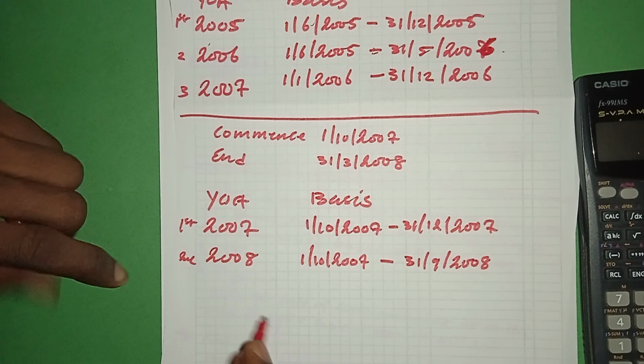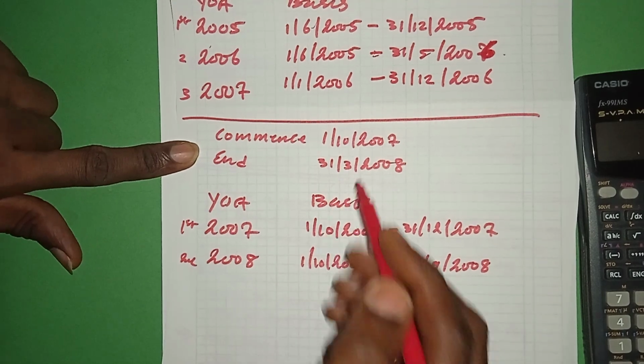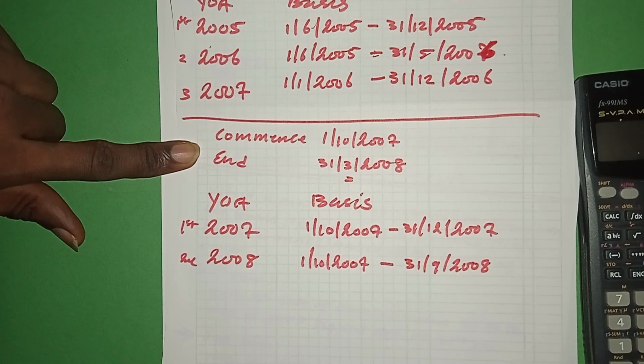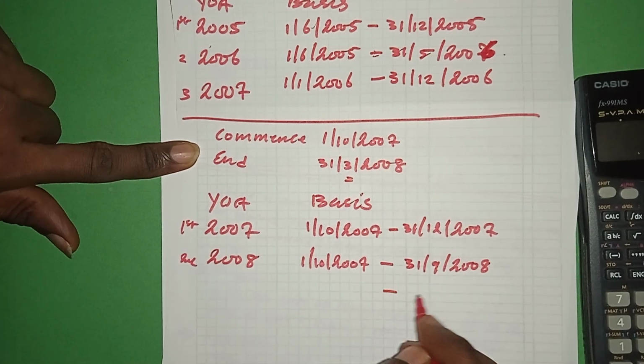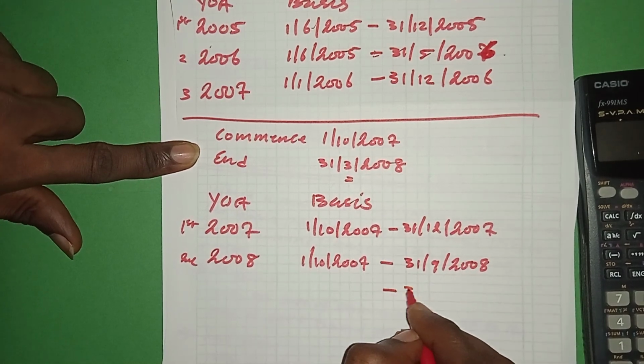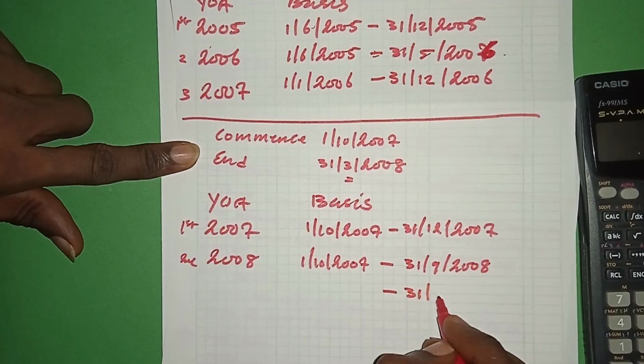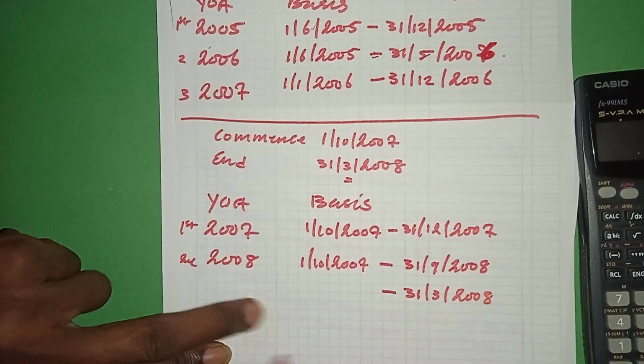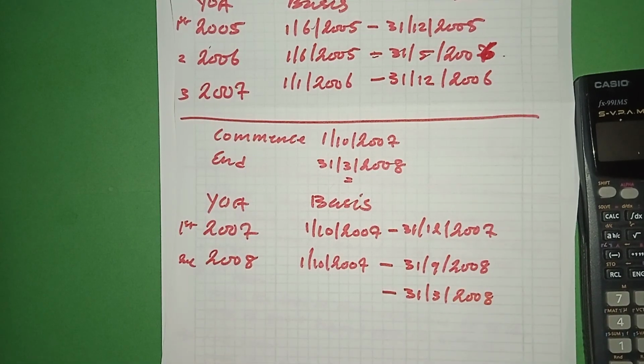Now, they made up the account to what? 31st March 2008 every year. So you come here, put the 31st March 2008. When you trace it back, this is the end.